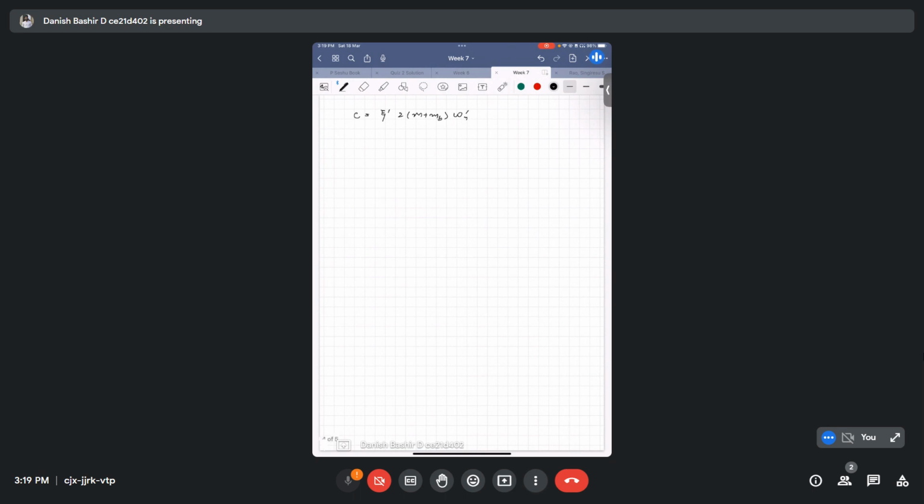When we calculate theta dash, the new damping ratio, from here, with C already calculated as 167.3, twice the total mass of 110 kg, and omega n of 11.28, we get the new damping ratio as 0.0674.